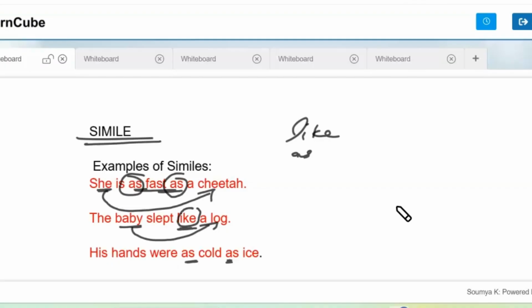Next example is his hands were as cold as. So the hands are compared to ice due to its chillness. Now you can see here as is used. Either like or as is used in case of a simile. So comparison is happening using the words like and as. Two things can be compared to each other.